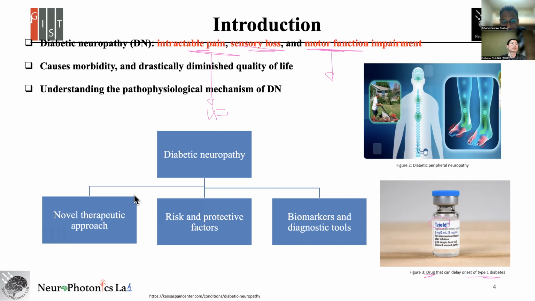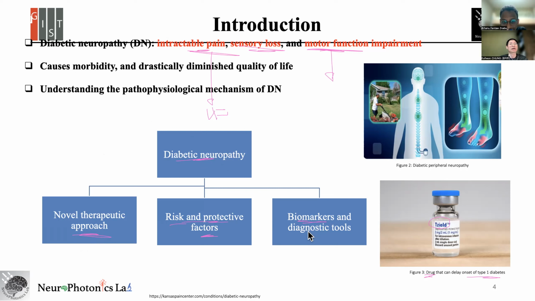But this one, diabetic neuropathy, is understanding pathophysiology. This is not a pathophysiology. This is like we need a novel therapeutic approach because it's a severe problem. And there are risk and protective factors. I mean, this is more like clinical aspects, right?